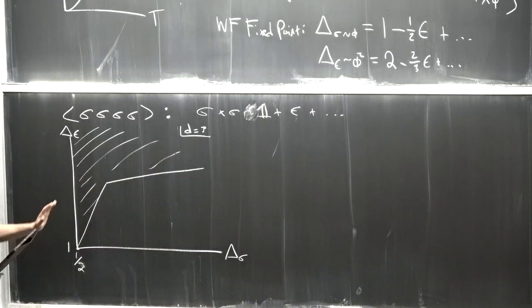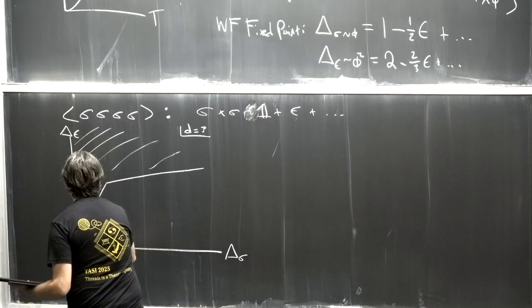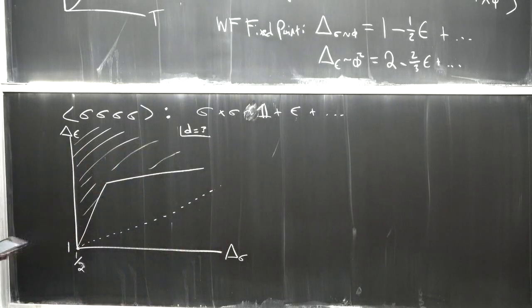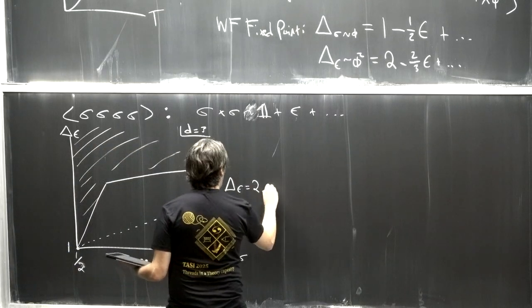Now, of course, you know that whatever bound you get can't rule out known CFTs, or known solutions to crossing. So for example, there's a whole line of solutions that lives down here, where delta epsilon equals 2 delta sigma.